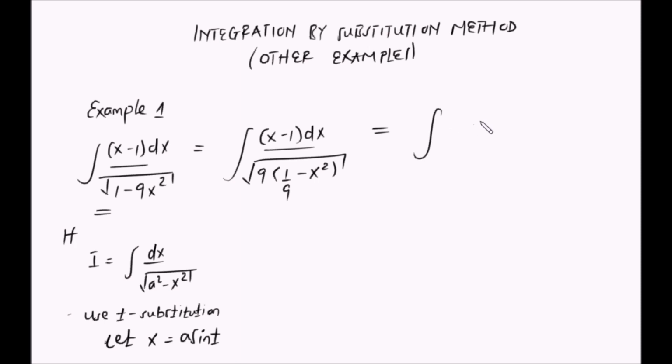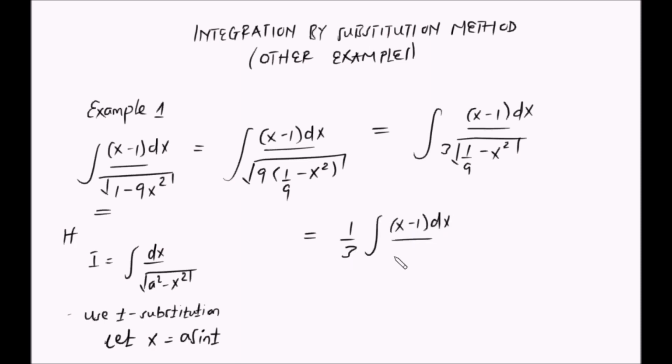So hii itakuja kuwa tu ni sawa na x minus 1 over 3. So we have 1 over 9 minus x squared. So 3 is a constant, naweza nikatoa nje ya integral kabisa. So hii itakuja kuwa ni sawa tu na 1 over 3. So we have x minus 1 over the square root of 1 over 9 minus x squared.